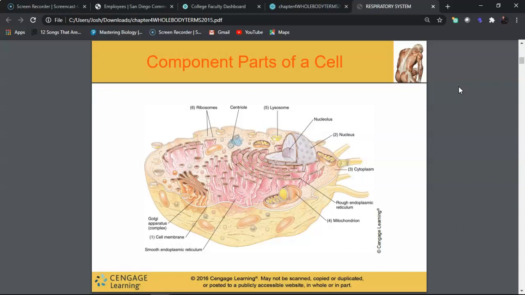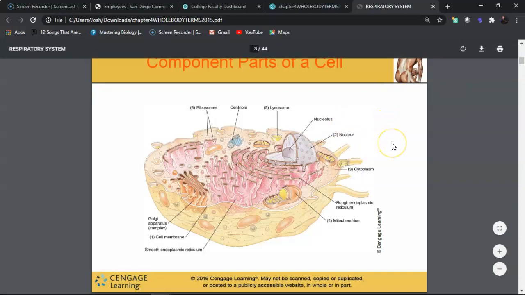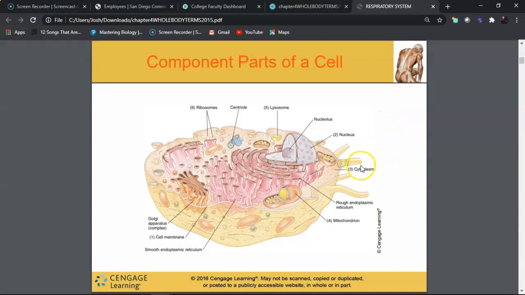This particular photo is listed on page 61, and it doesn't have all the inner structures, but it has most of them. All of these little structures are called organelles, and that suffix indicates that something is small or a smaller version of. The book goes through these specific ones.